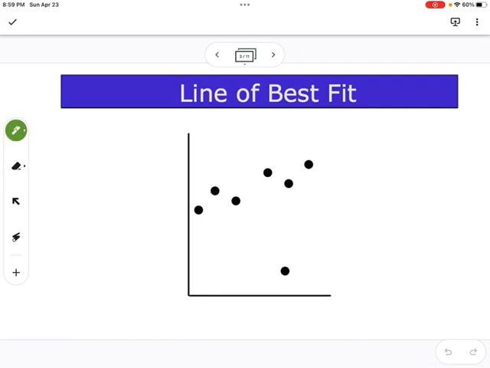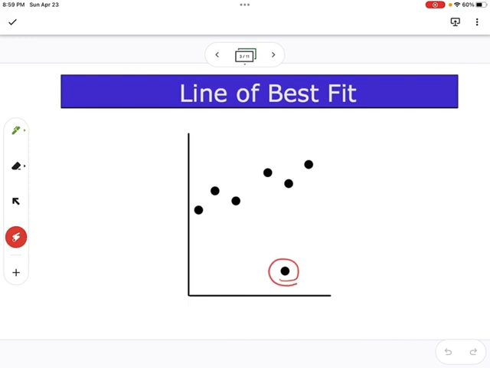Now with this one here, most of our points are up here in the positive correlation direction, and we only have this one point over here. So we're going to be talking about what an outlier is, and that's what this point is because it doesn't go with the trend of the data.